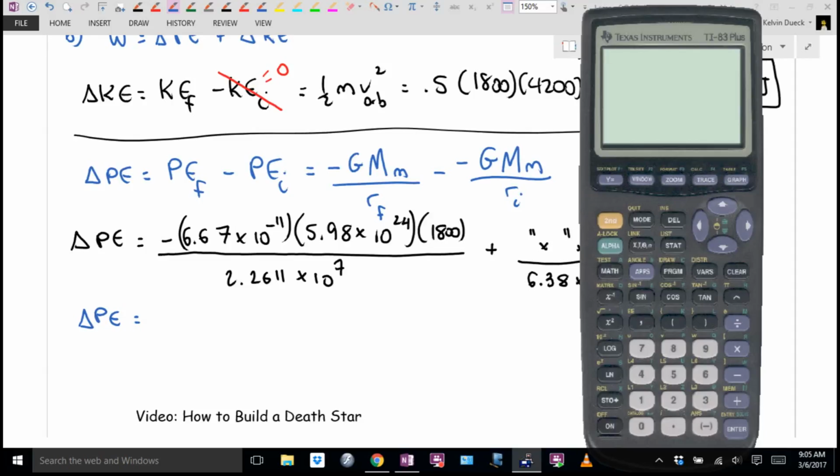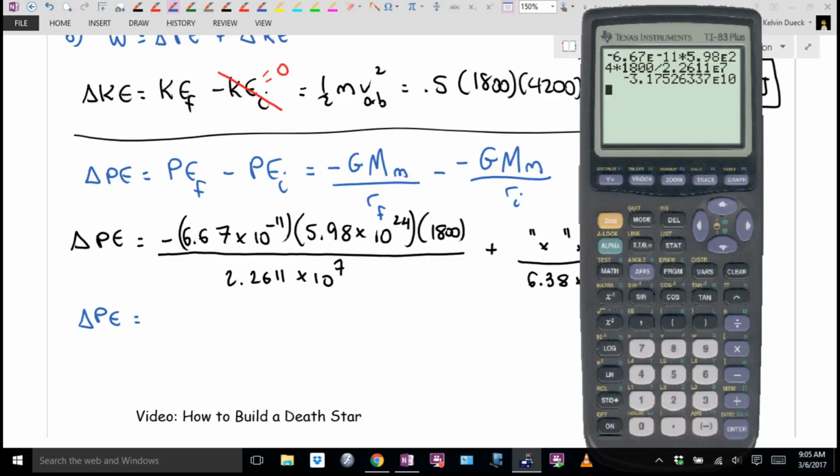Instead, we're going to type the first expression: negative 6.67 times 10 to the negative 11 times 5.98 times 10 to the 24th times 1800 divided by 2.2611, scientific notation button 7. I'm going to get an answer for the first term, the first fraction. I'm going to write that down to like 5 sig figs or so.